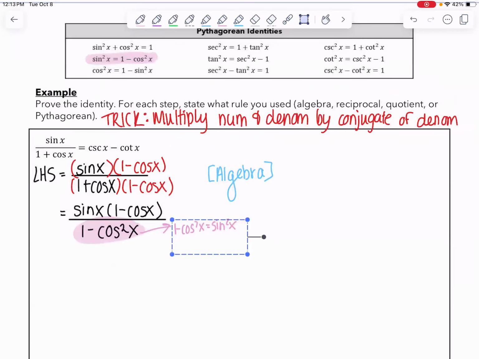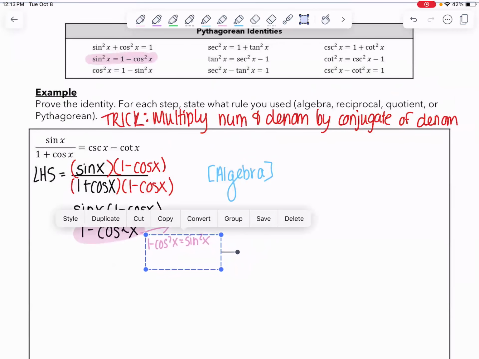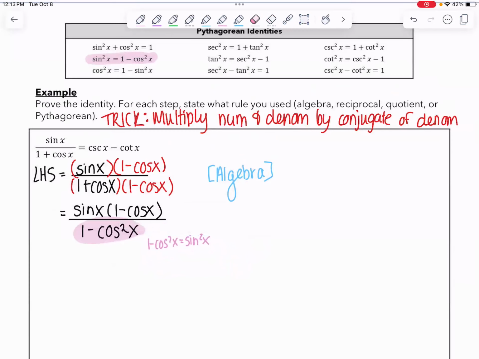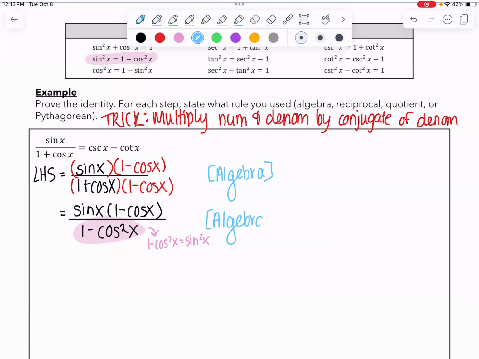By the way, the step that happened here was just FOILing, which is algebra, to get from here to here. That was algebra. Sine x times 1 minus cosine x, all divided by, this will become sine squared x.